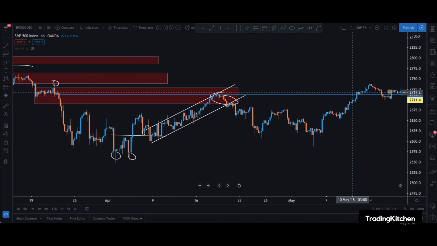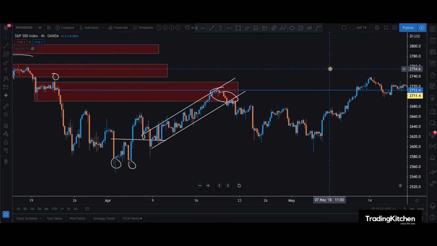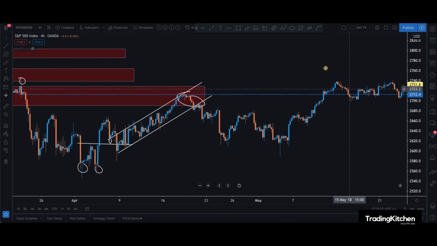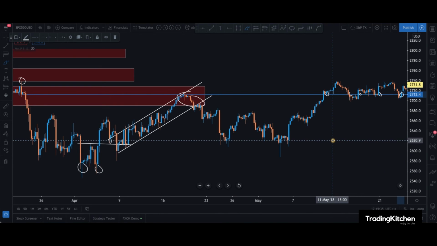Look how this support, this key price level, was fundamental and very important for the future, because price is always attracted to this level and reacted from it so many times. This is an impulse, correction, an impulse.